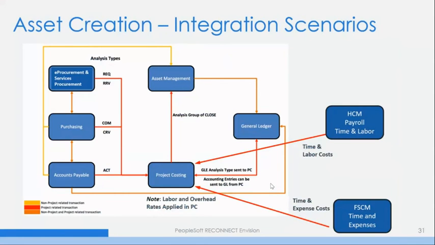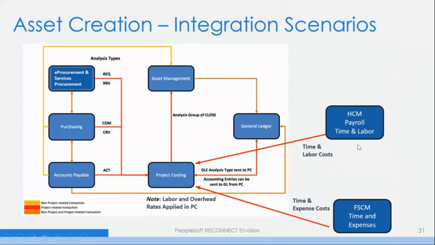Okay, this is one of the final slides, and I know I just have a minute or two left, but I wanted to call out some additional integration that's available for creating assets. Typically, what you see is what's in the middle here with purchasing, AP, project costing, asset management, and GL.